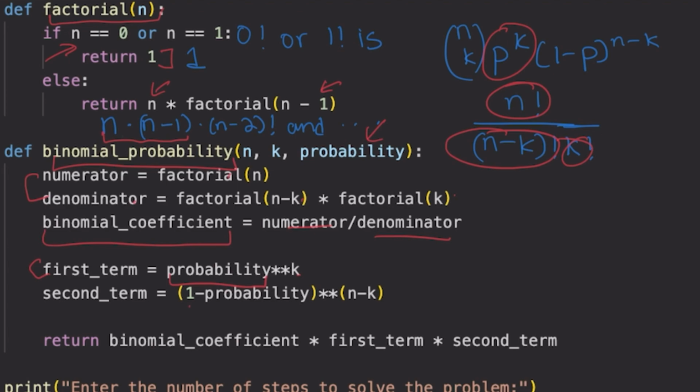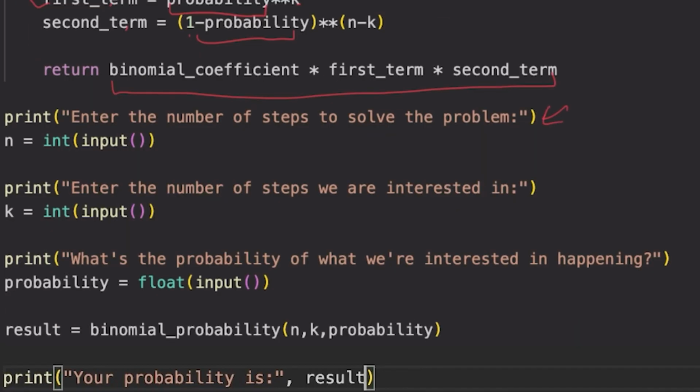For the second term, we'll do the complement, 1 minus probability to the n minus k power. And then we'll return our answer, which is the binomial coefficient times our first and second terms. And in this part, we're just collecting information: what is n, what is k, what is probability. And the final thing we do is obtain our result by calling the function, and we print.